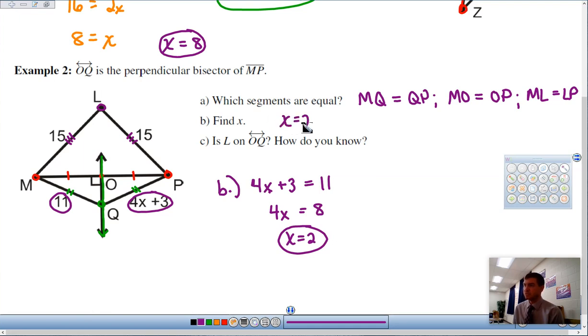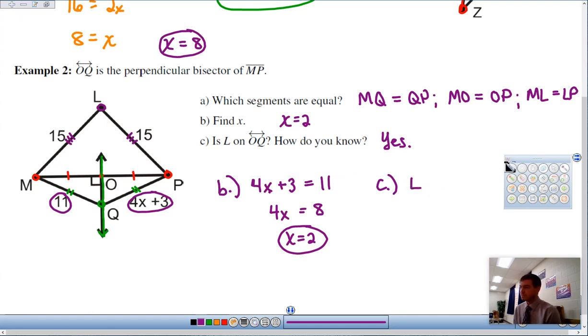X is 2. Is L on line OQ? How do you know? Yes, we already talked about this.